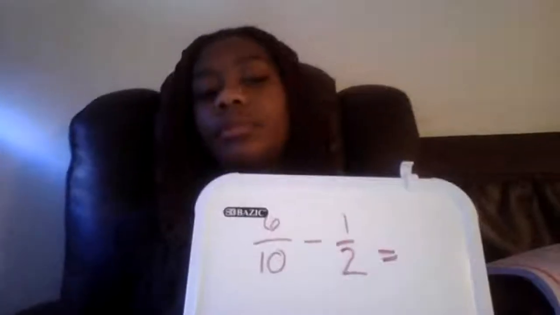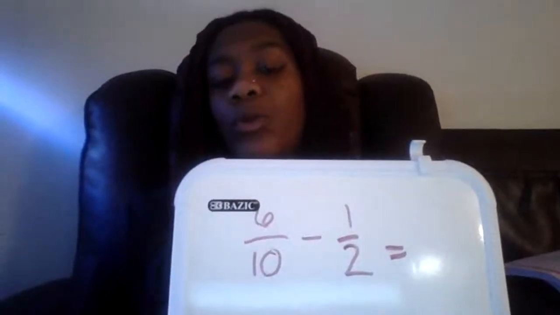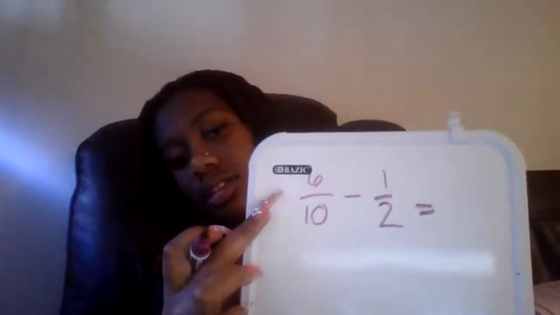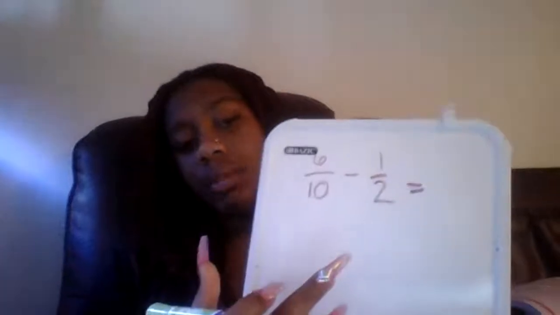I want you to try and solve it. I'm going to give you 5 minutes. So at 10:40, I'll give the answer. 6/10 minus 1/2. Remember, you have to make the denominators common first.